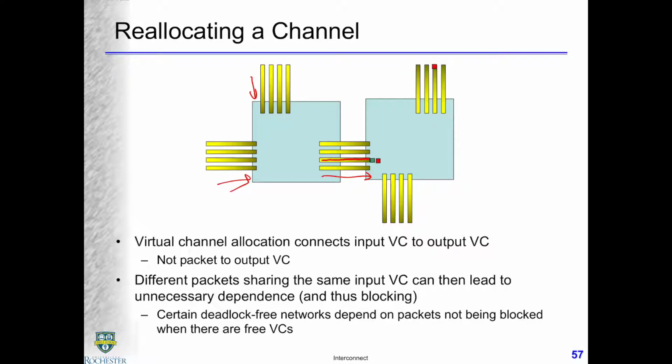Because the red packet is done. But now imagine if the red packet, for some reason, the last flit cannot traverse, got blocked. Now your green, even though it wants to go somewhere else, it has nothing to do with the red, can get stuck behind the red packet. So this is a problem that you need to consider.